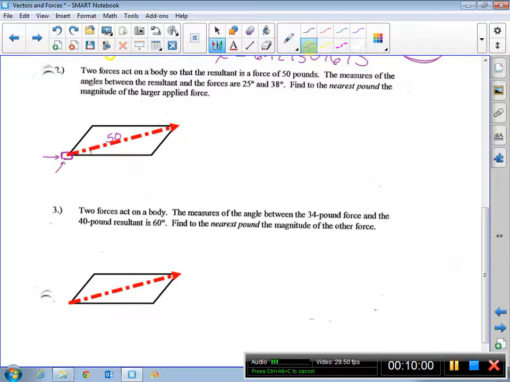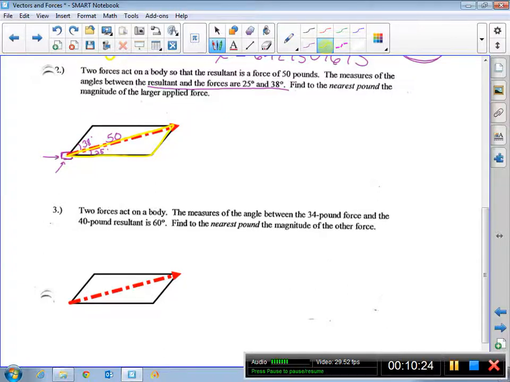So 25 degrees down here, 38 degrees up here, because it said the measures of the angles between the resultant and each force are 25 and 38. All right, so I'm going to highlight this triangle down here.